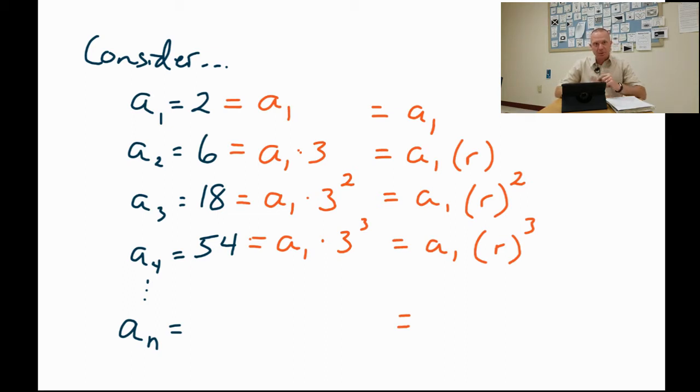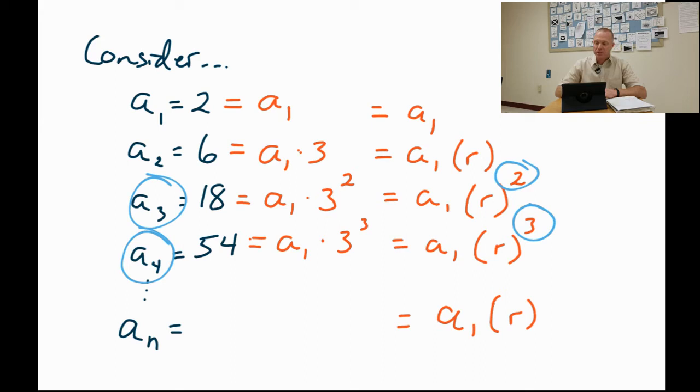It's always going to be the first term times how many common ratios? How many? Have you noticed? If you have the fourth term, you need 3 common ratios. If you have the third term, you need 2 common ratios. So what if I have the nth term? How many common ratios do I need? That's right, n minus 1.